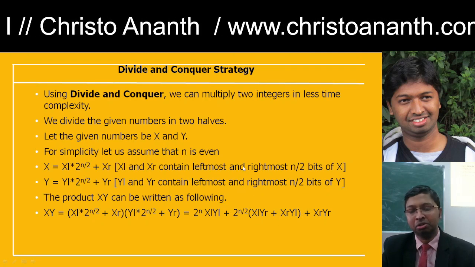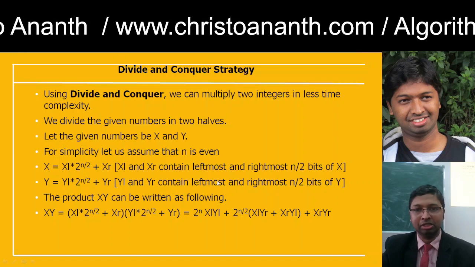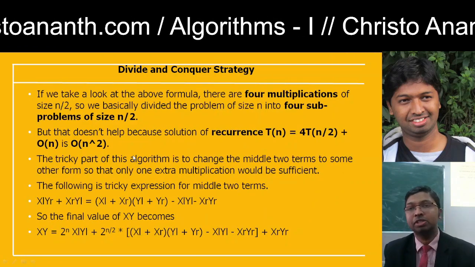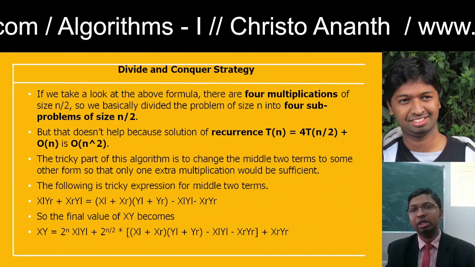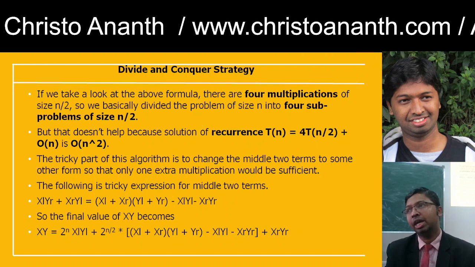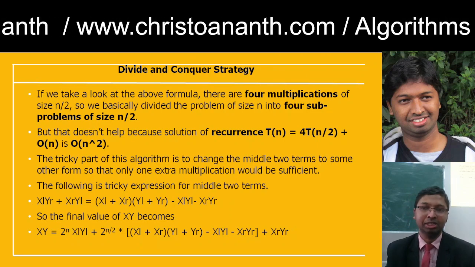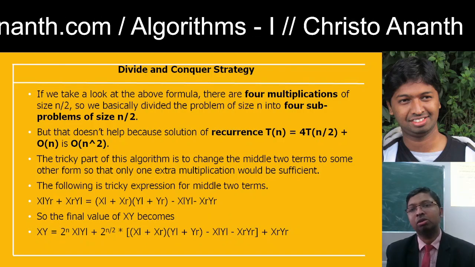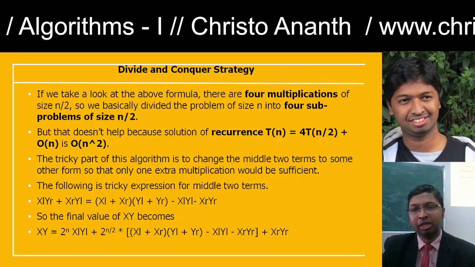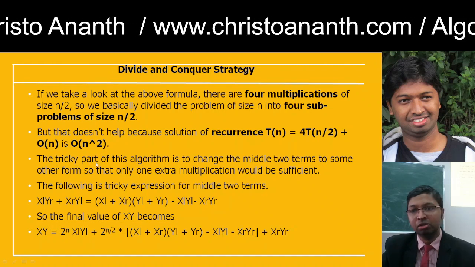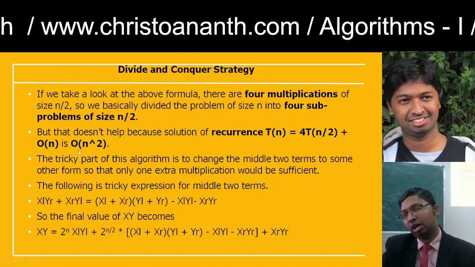There are 4 multiplications of size n by 2, so we divide the problem of size n into 4 subproblems, each of size n by 2. This doesn't help, because the solution of the recurrence T(n) equals 4T(n by 2) plus order of n is order of n squared.